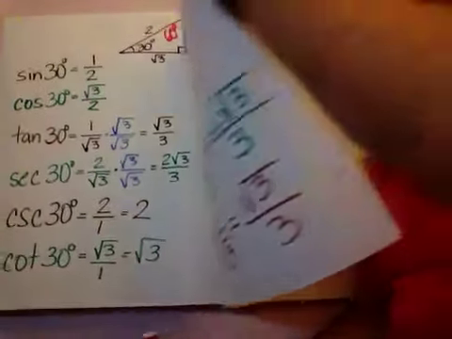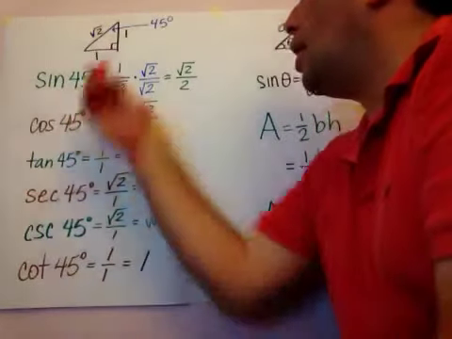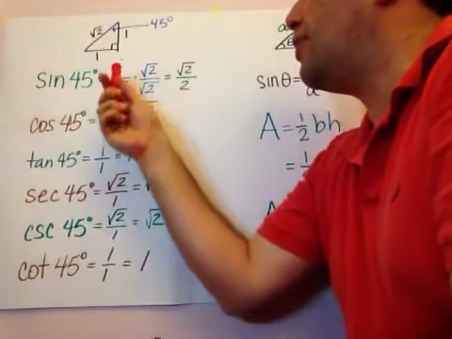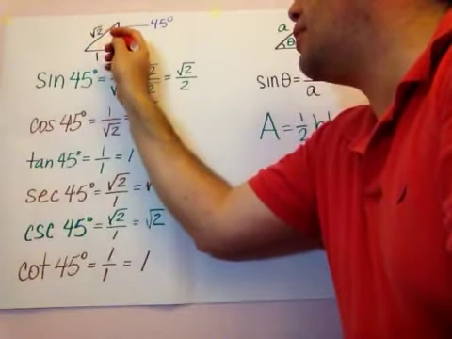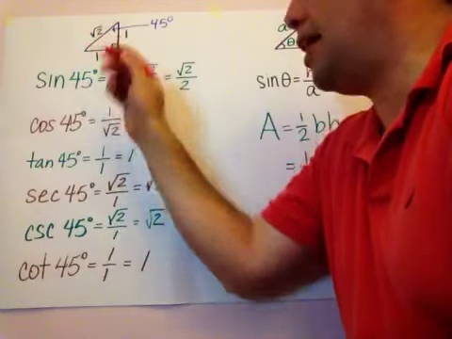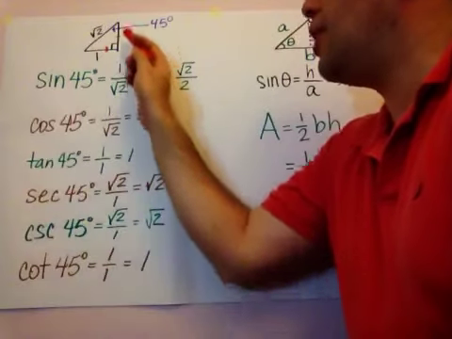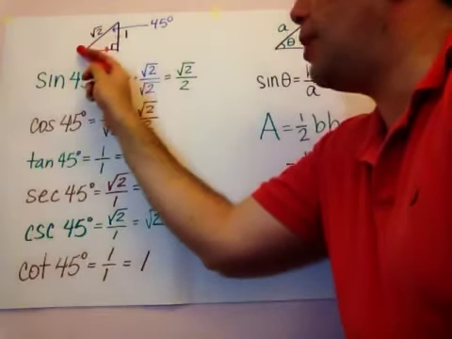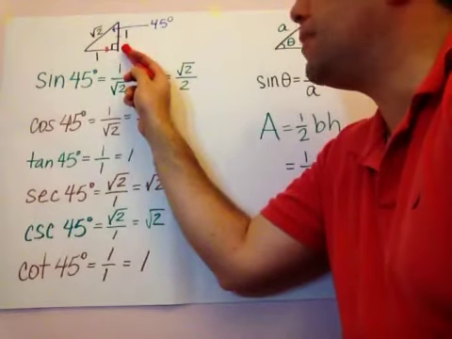A third angle that is very important is a 45-degree angle. We have a right triangle that is also isosceles. These two legs are congruent. And in a 45, 45, 90 triangle, we know that the hypotenuse is the square root of 2 times the length of one leg.